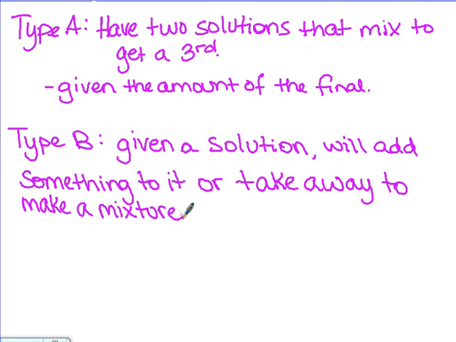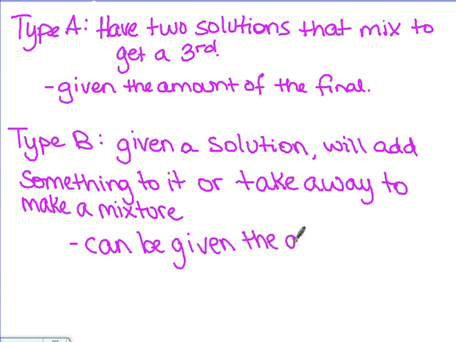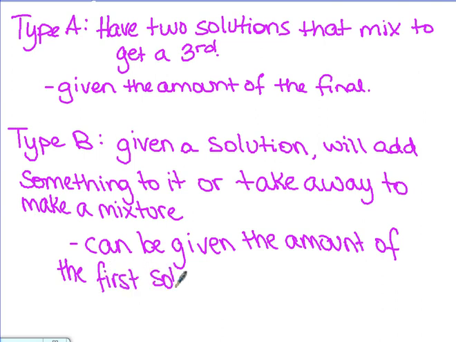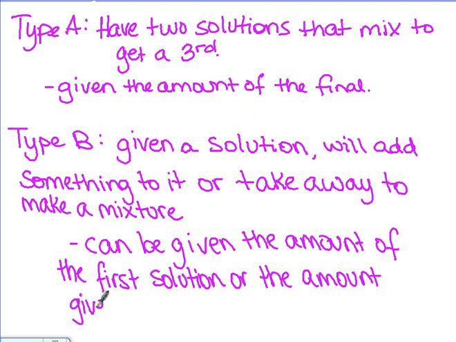So you need to determine what information you're given.